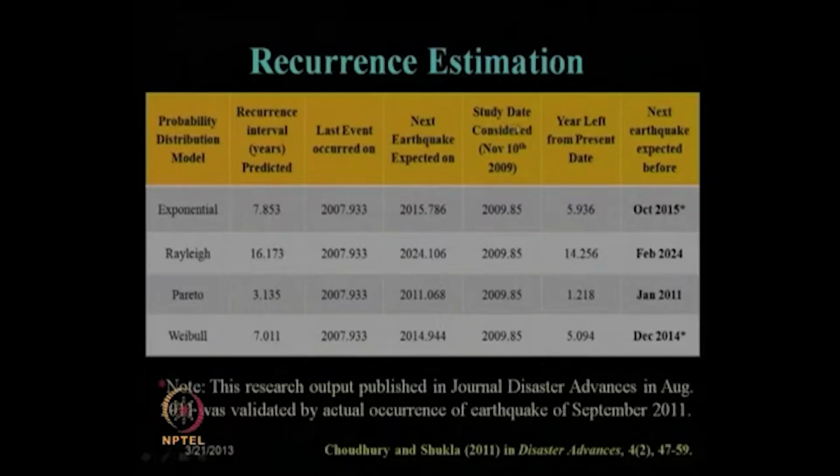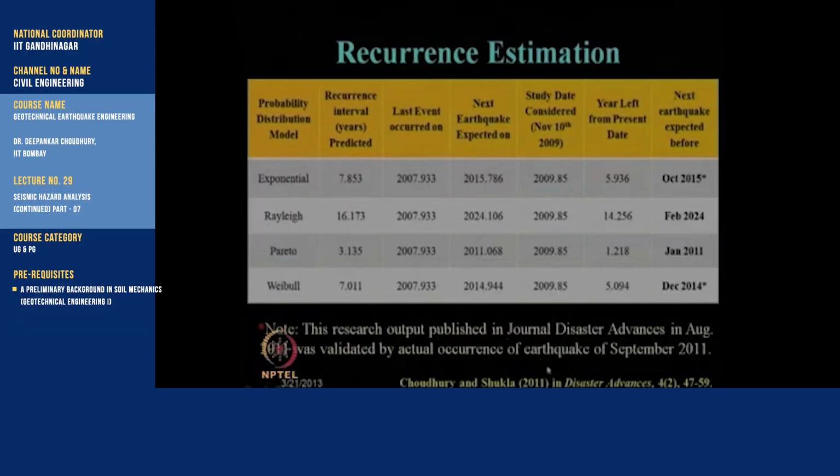Now, the study date, when this study was considered, was 10th of November 2009, which comes in year scale as this one. That is when we started communicating the paper to this journal. So, we considered 10th November 2009 as our present date when we communicated the paper. The difference between this and this is so many years.